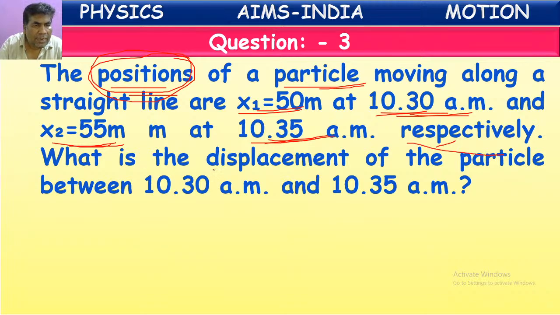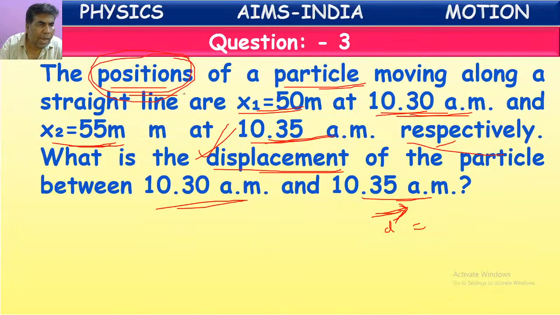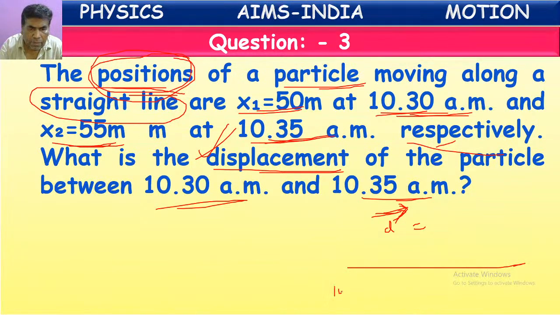So what is the displacement? What are they asking? Displacement means d bar. Why have we kept a bar here? Because displacement is a vector. It depends on direction. What is the displacement of the particle from 10:30 am to 10:35 am? What have they told? It is moving in a straight line. When the time is 10:30, where is it?